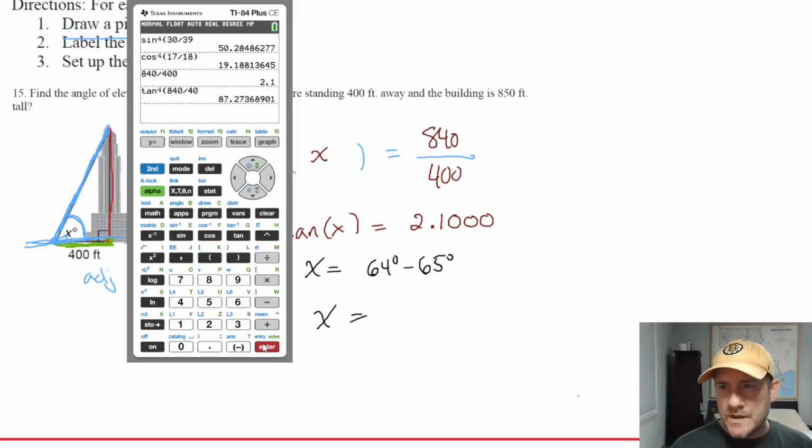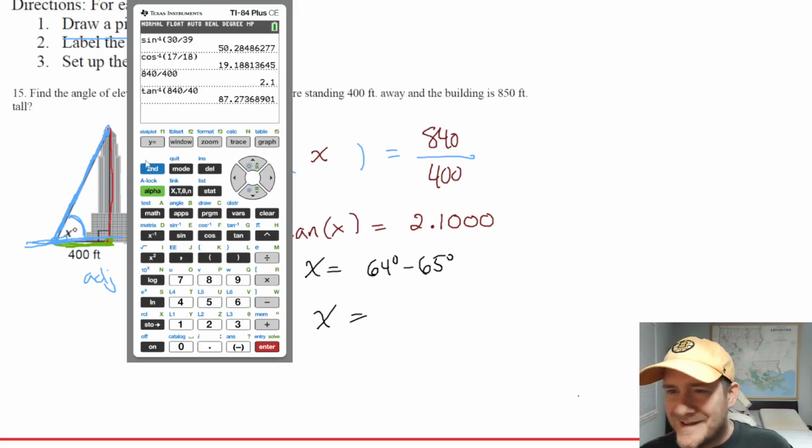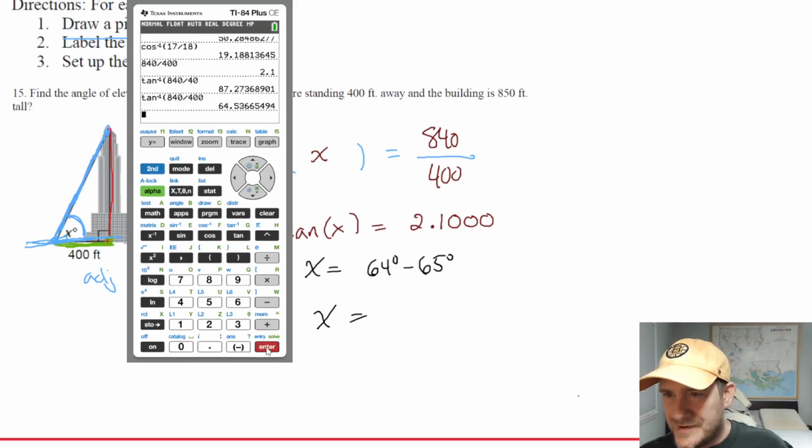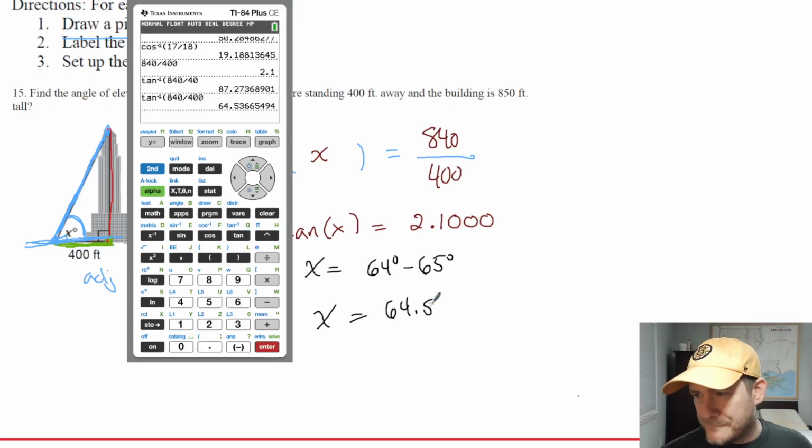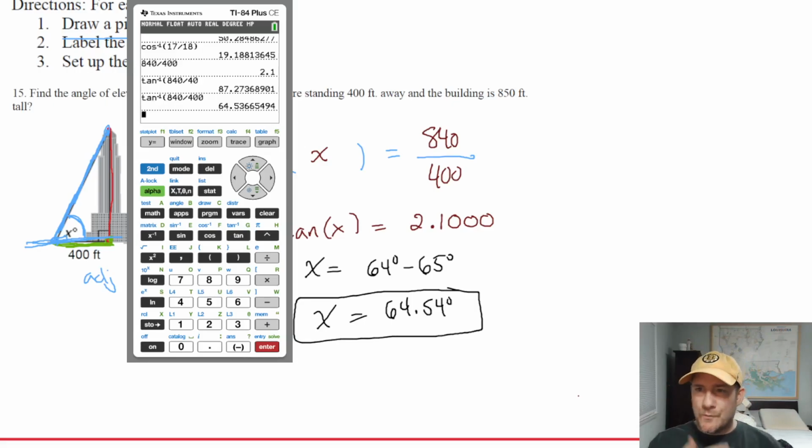That ought to do it. Except that doesn't do it. Okay, sorry, I left off a 0. Second entry, boop. Alright, big difference. 64.54 is the answer. Okay, one word problem down.